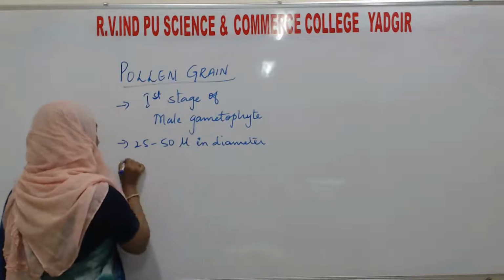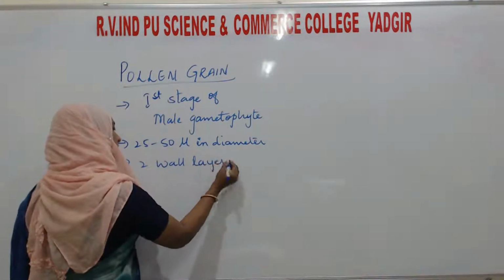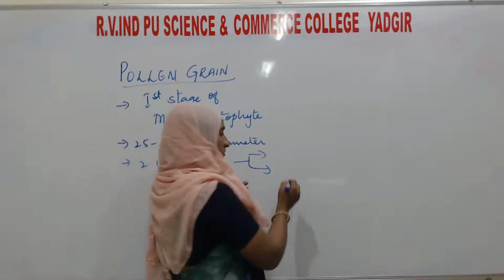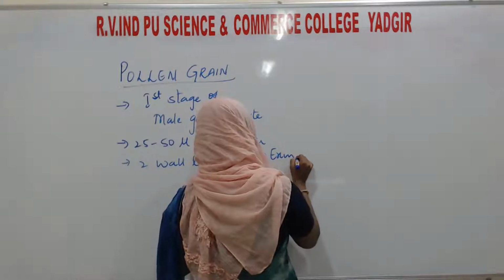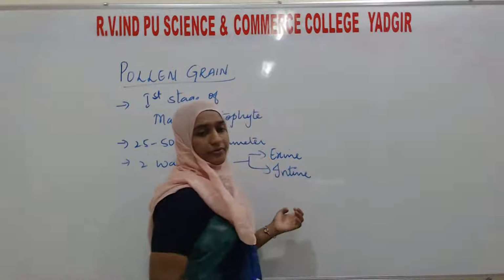It has two wall layers. What are the wall layers? The outermost layer is known as the exine, and the inner layer is known as the intine.